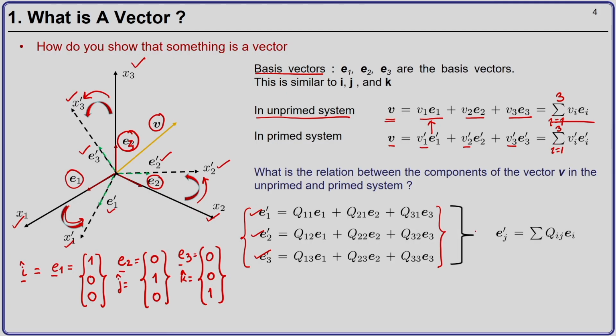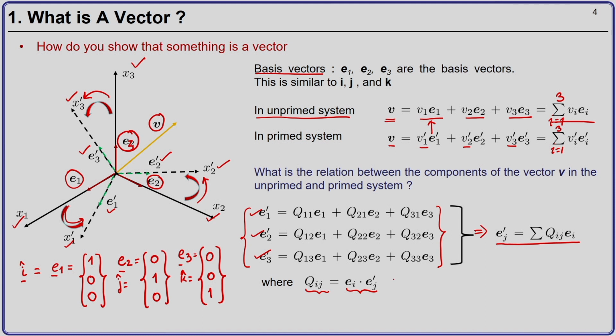So, in short, I can write Ej dash as summation Qij Ei, where this quantity Qij is nothing but the dot product of the basis Ei of the unprimed system with the basis Ej dash in the primed system.